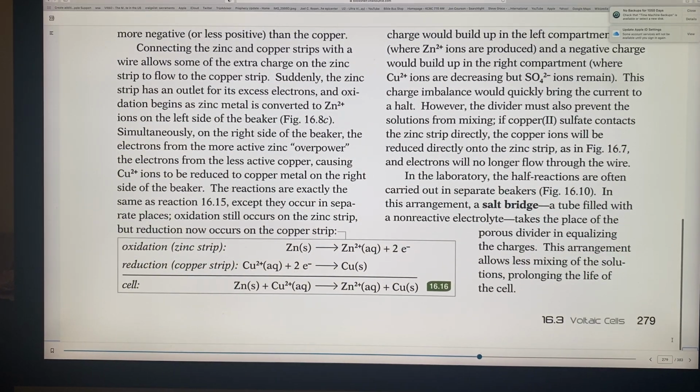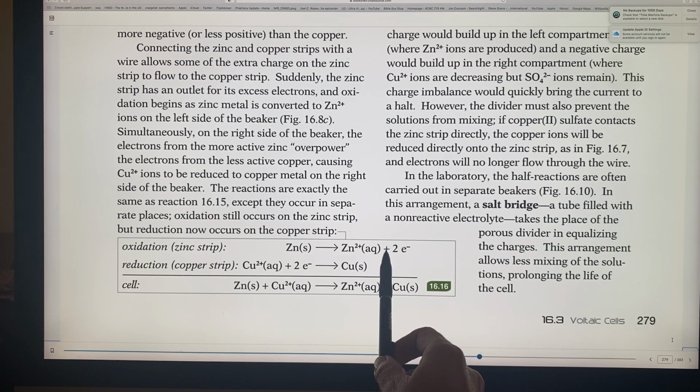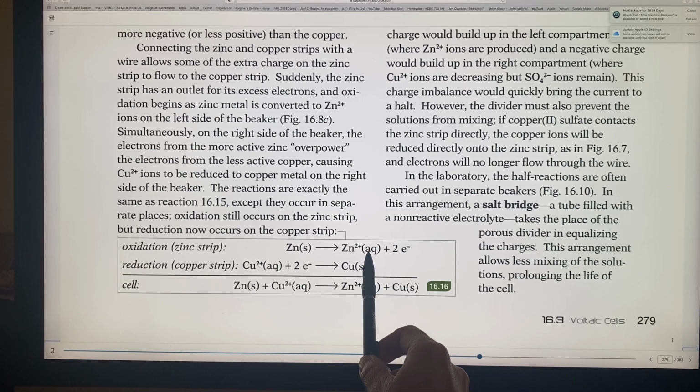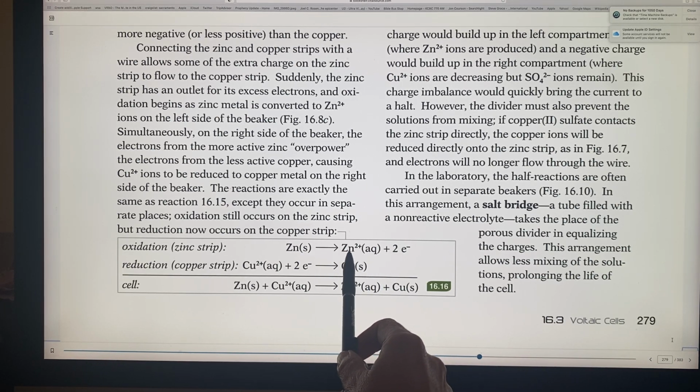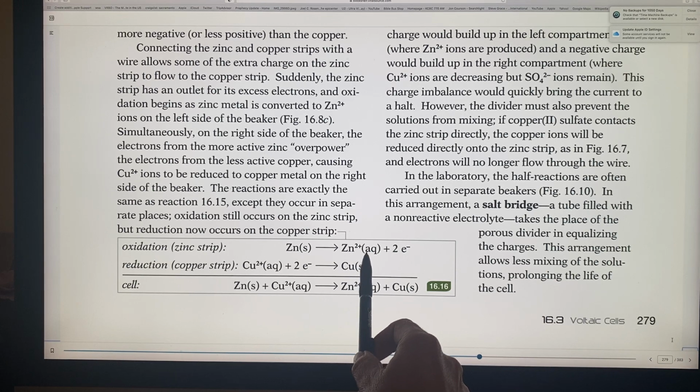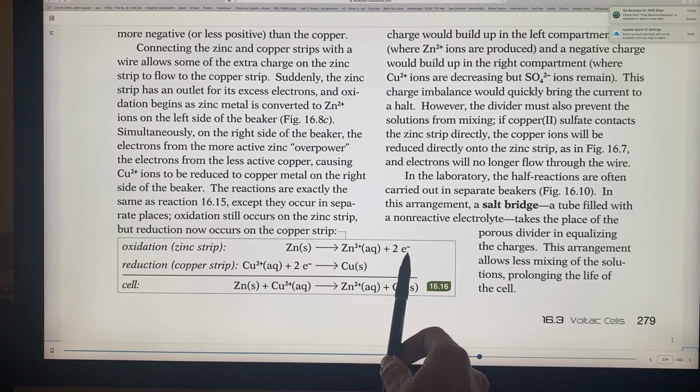So here is our equation. Again, the oxidation, the zinc strip is going to be zinc. It wants to get rid of those electrons. It wants to get rid of electricity. And in doing that, because it wants to be normal. Remember I said zinc really wants to be normal, but it has extra electrons, so the electrons are given off here.